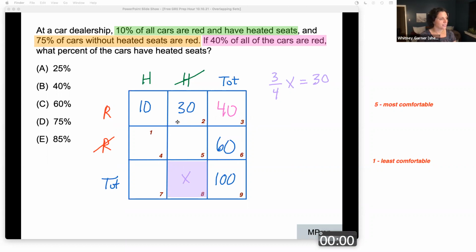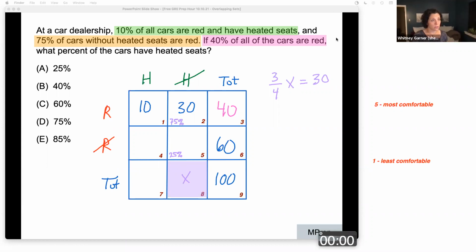I love this. So if this is 75%, then 25% is the remainder. So this is 75%. That would make this one 25%. So 25% is a third of 75%.